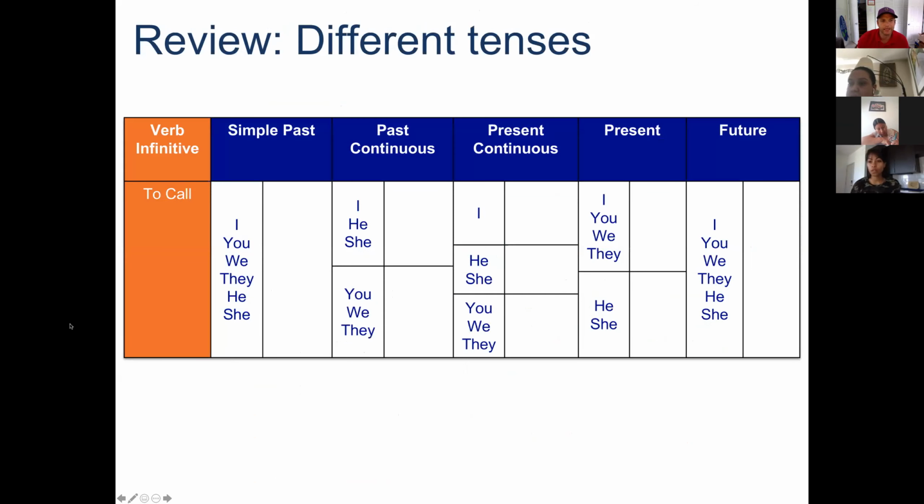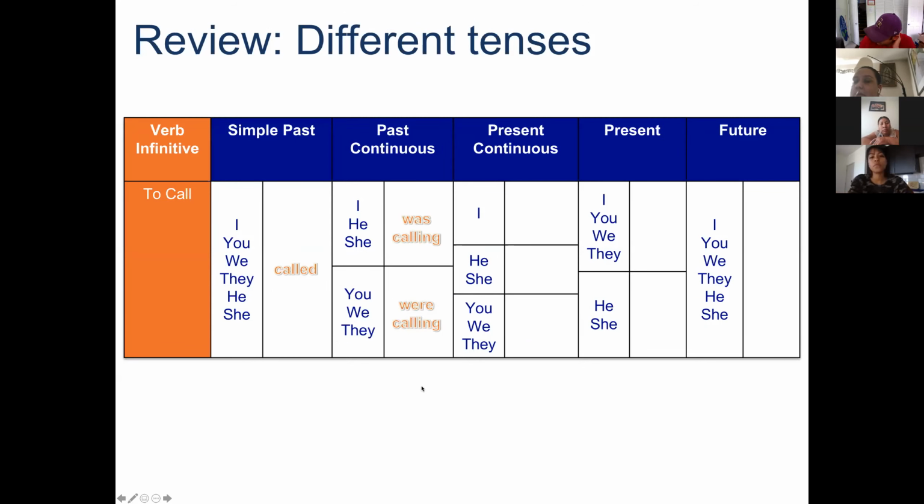Let's fill in the blank. So the verb infinitive is to call. What's the simple past tense of call? Called. Good. Past continuous. Was calling. And were calling. Good.